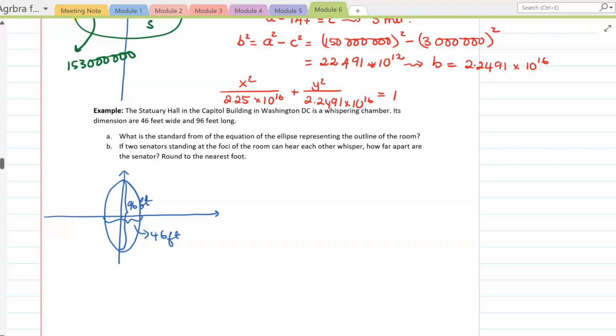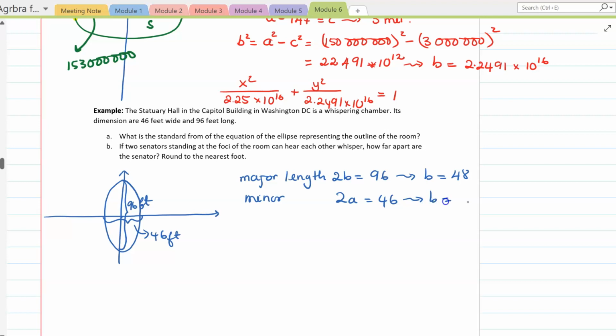So if you draw it like this, then the major axis is on the y. So then the major length 2b is equal to 96. So b equal to 48. And the minor is 2a equal 46.